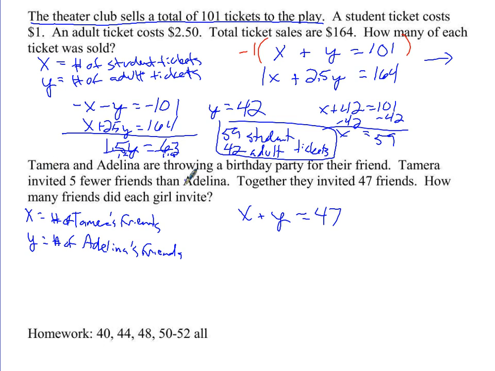Okay? So if Tamara invited X people, how many did Adelina invite? Would it be Y plus 5 or Y minus 5?